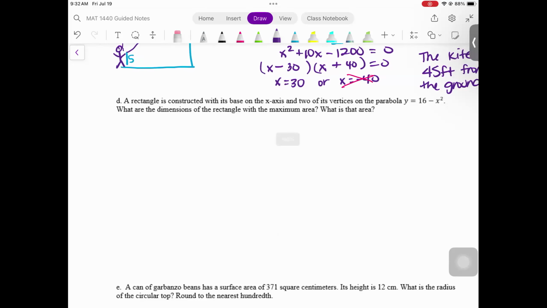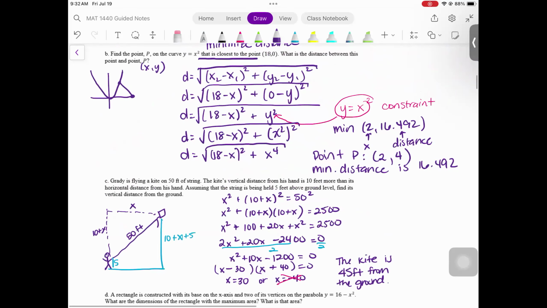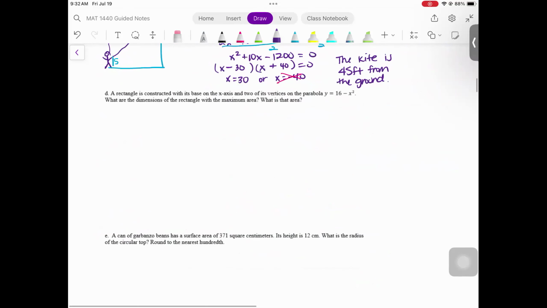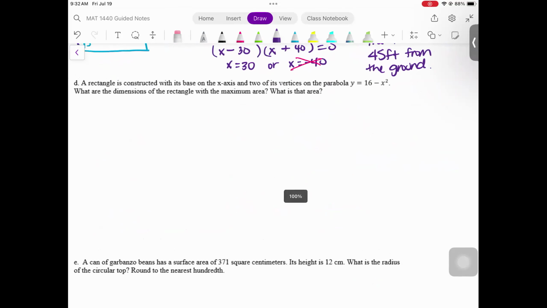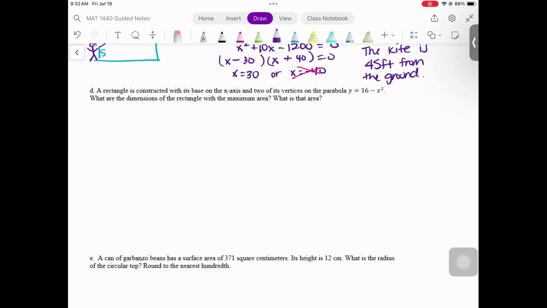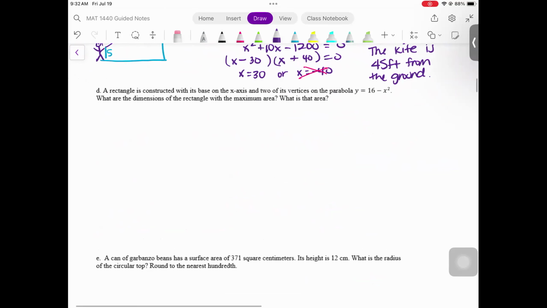So similar to this problem above, setting up a picture of what they're describing, I think is helpful. So we know we've got a rectangle with its base along the x-axis, and two of its vertices are on the parabola y equals 16 minus x squared. So let's just think about that parabola y equals 16 minus x squared.